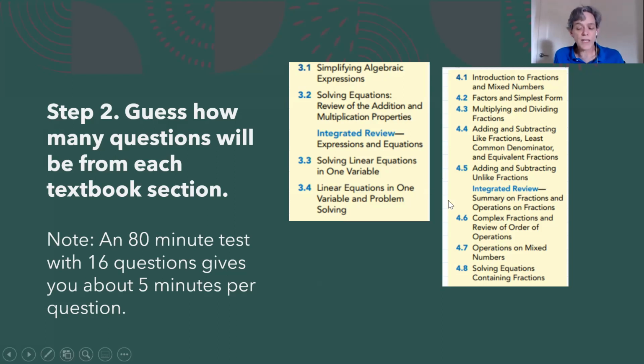So you can use that kind of sense of overlap to help you narrow down what you're looking at. Section 4.8, solving equations containing fractions. There's going to be significant overlap between that and section 3.3. Okay, so that kind of thinking, like I said, will help you decide approximately how many questions per section. All right.